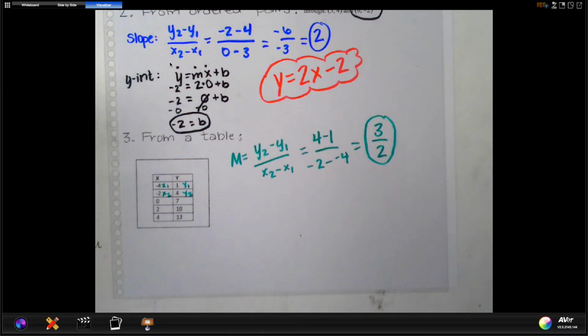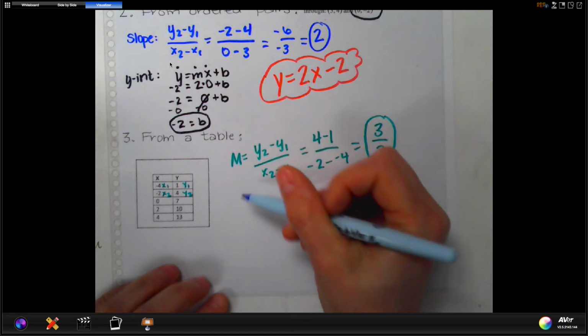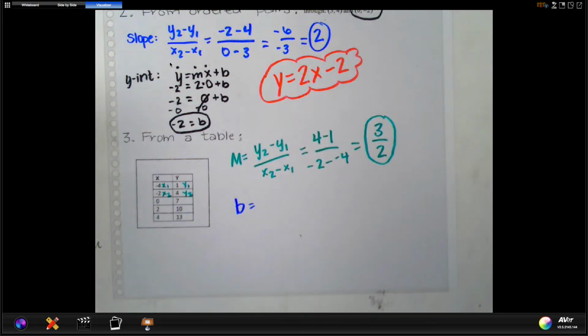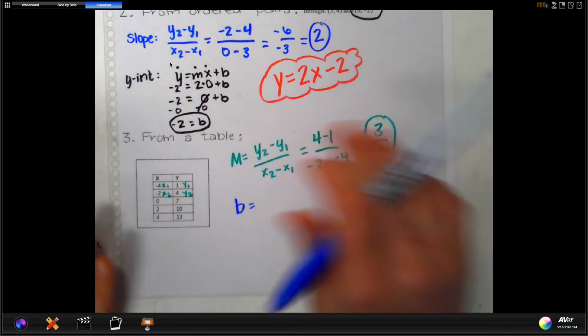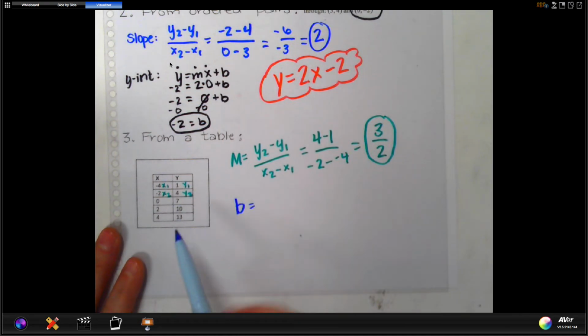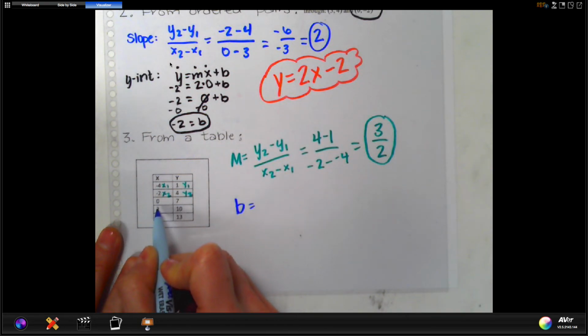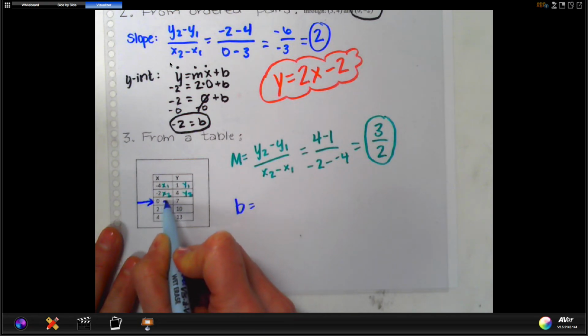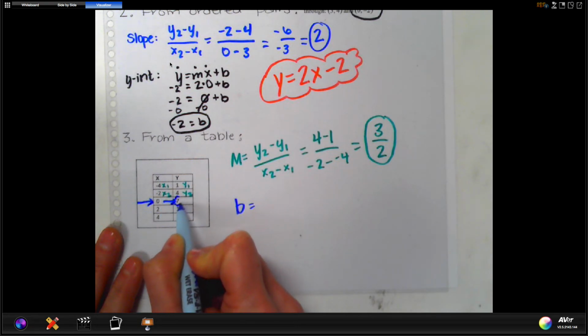Now, the other thing we need to find for slope-intercept form, again, would be your y-intercept or your b value. And let me remind you from a table that your b value, your y-intercept, is going to be the value of y where x is 0. So if it were an ordered pair, it has to be 0, comma, a number. And so on a table, what you're searching for is, oh, here's where x is 0, but what we need then is the y value on the y-axis.